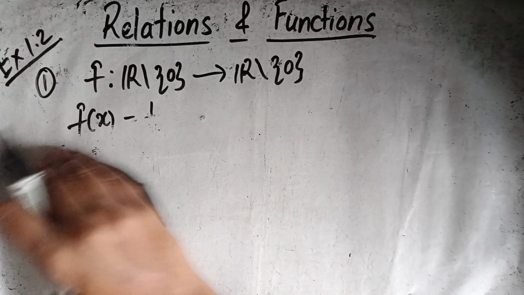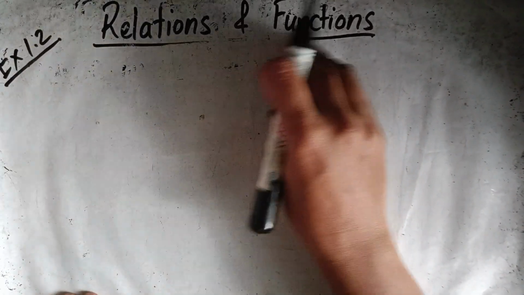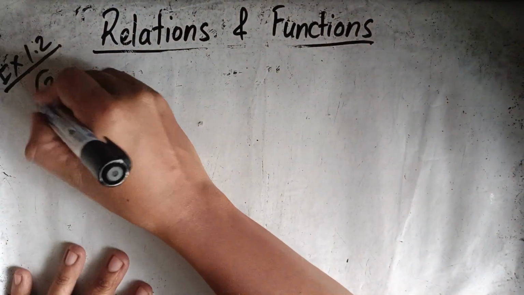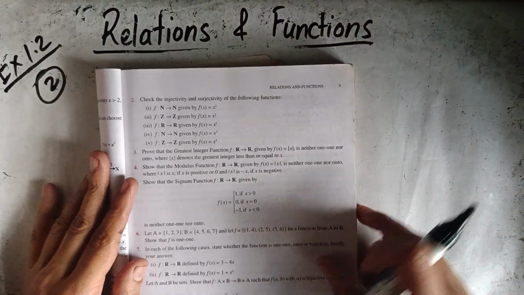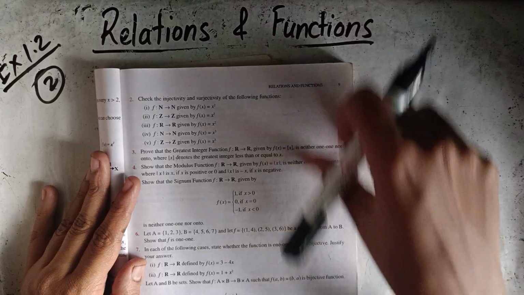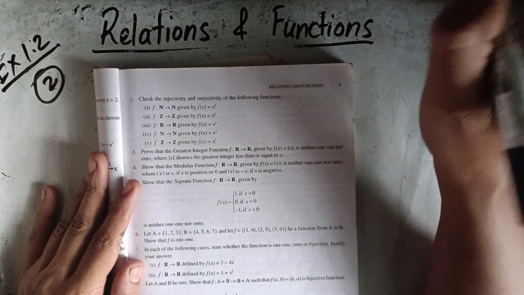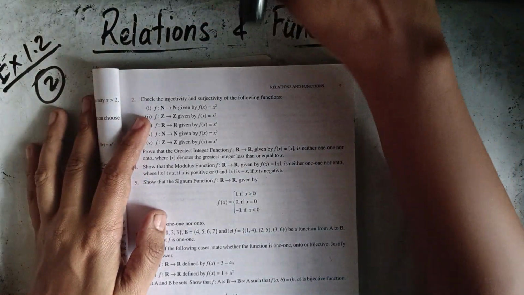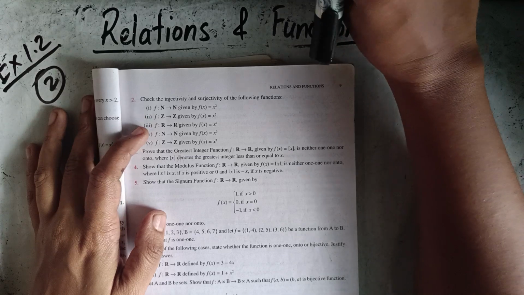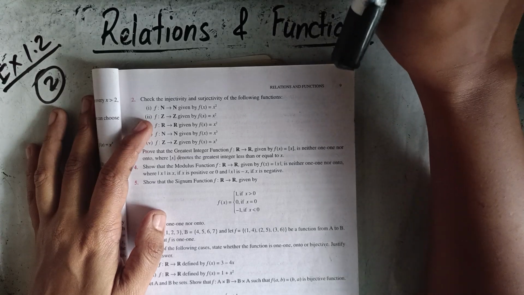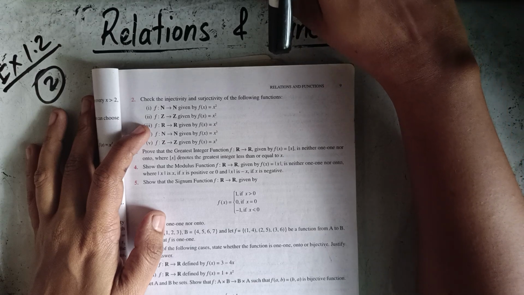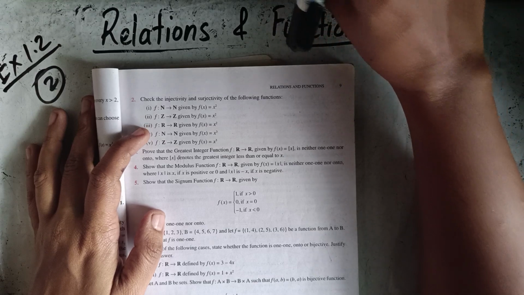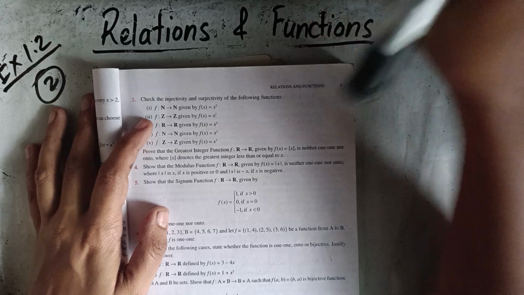Okay, second question. Check the injectivity and surjectivity of the following functions. From N to N, that is the set of natural numbers, f of x equal to x square.